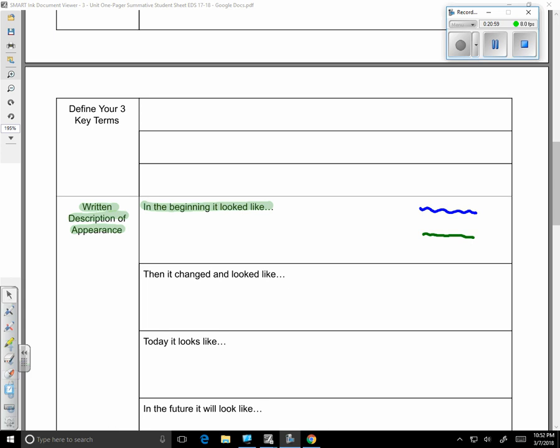Then it changed and looked like. And so what you are going to do is talk about how it rose from the water and became a plateau with a river that went through it that started to slowly carve out a little channel.